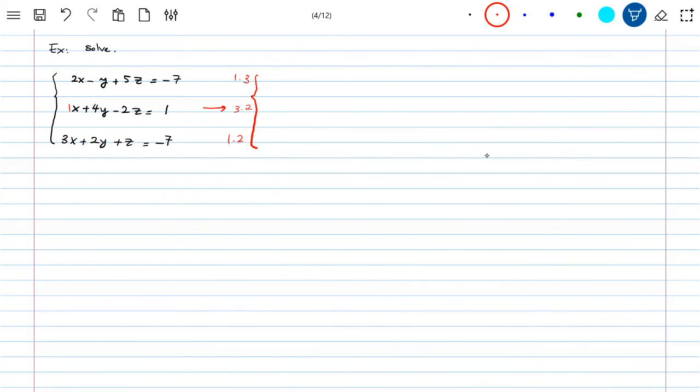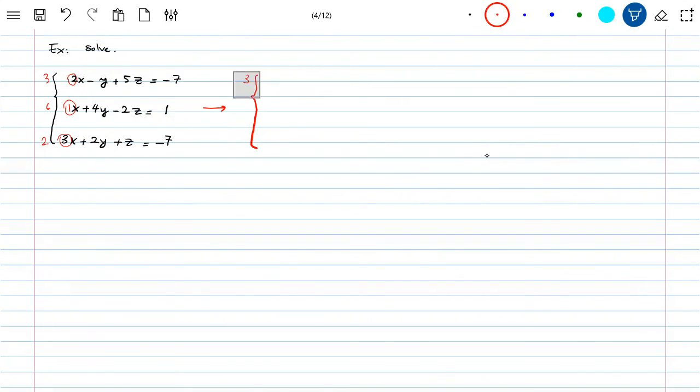Equation 3, I'll multiply by 1 and 2. I'll pick the coefficients of x for each one and multiply to the other. So that means I'll multiply the first equation by 3. Second equation, 3 times 2 is 6. And third equation, 2 times 1 is simply 2. Right? Multiply by 3, 6, and 2.